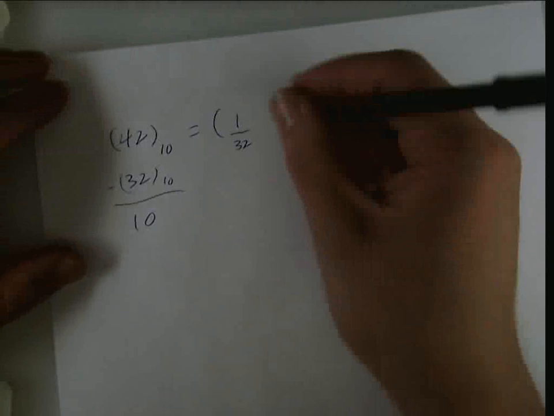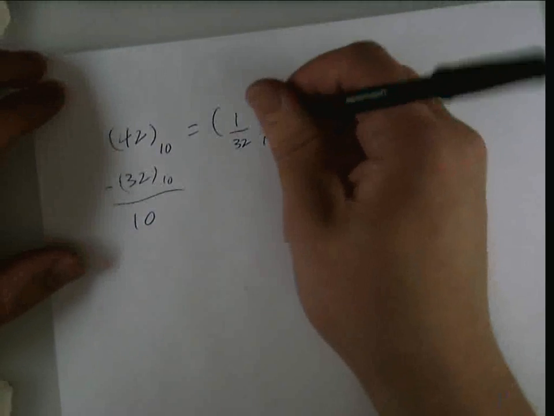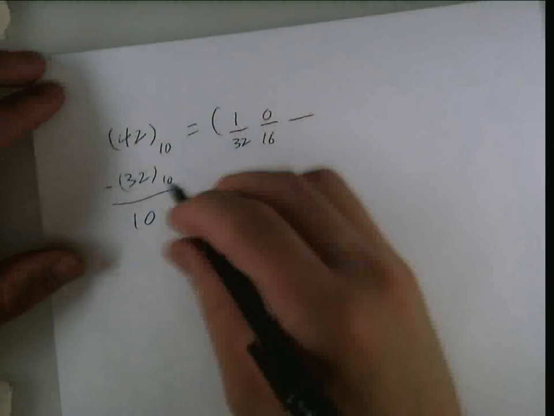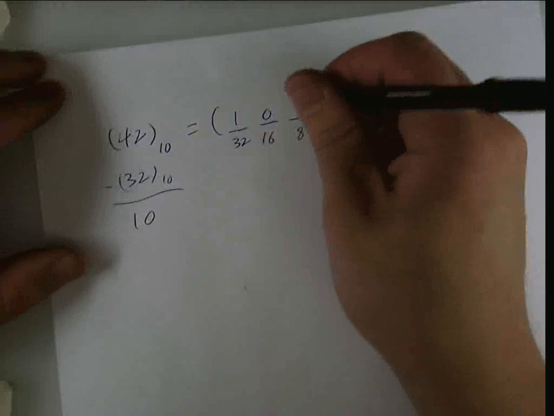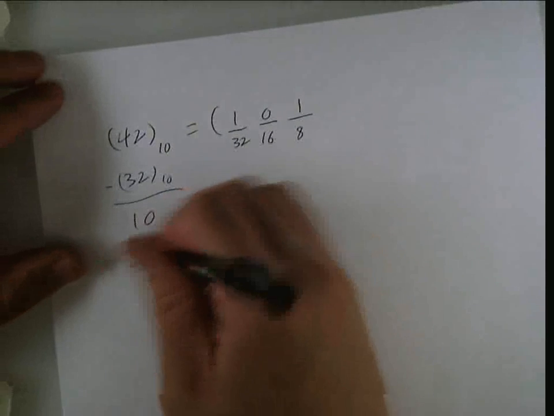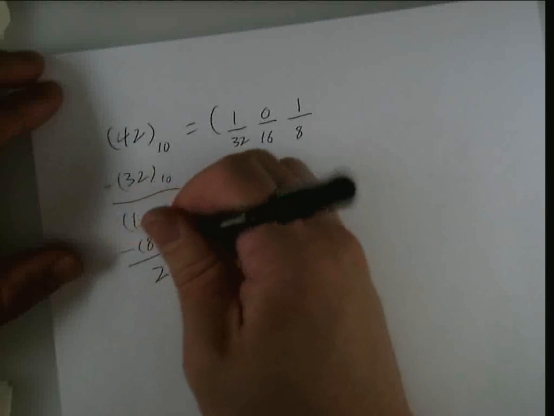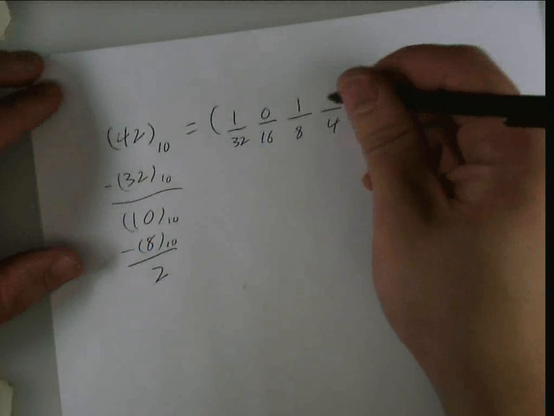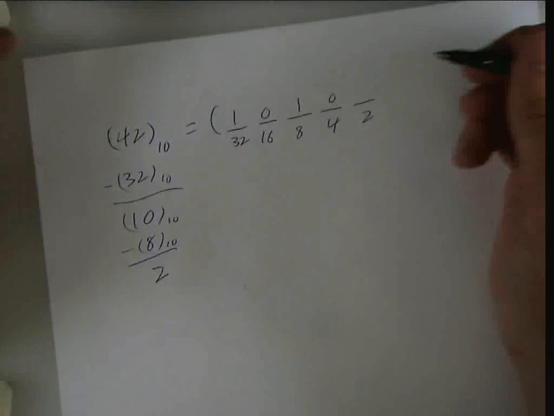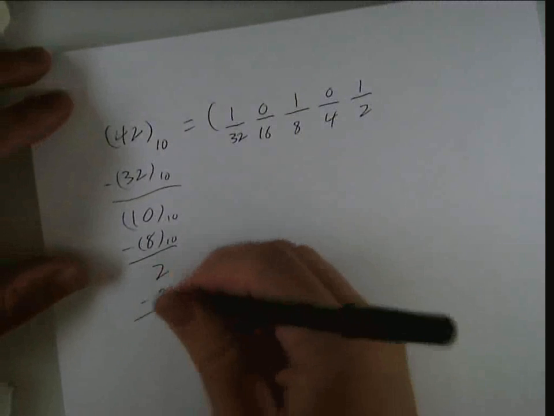Now 10. Well, my next power of 2 is 16. 16 is bigger than 10, so that's going to have to be 0. Now I've got 8. 8 does fit, so I'll put a 1 and subtract this off. Now I've got 2, so 4, that's too big. 2, perfect. 2 minus 2, 0.